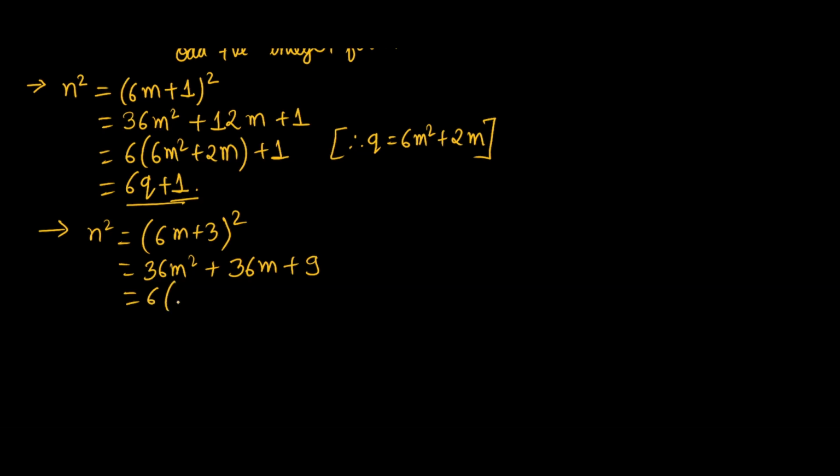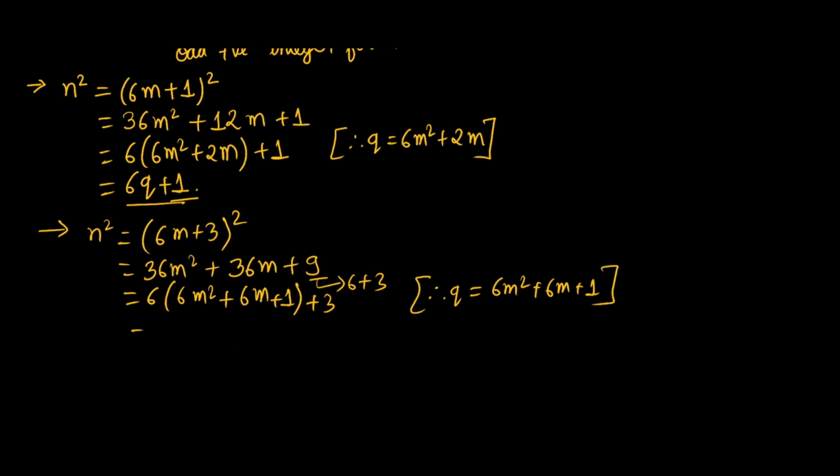So we will take common, so 6m square plus 6m. So this 9 is greater than 6, so 6 plus 3. So plus 1 and plus 3. So we will take q is equal to 6m square plus 6m plus 1. So we are getting 6q plus 3.